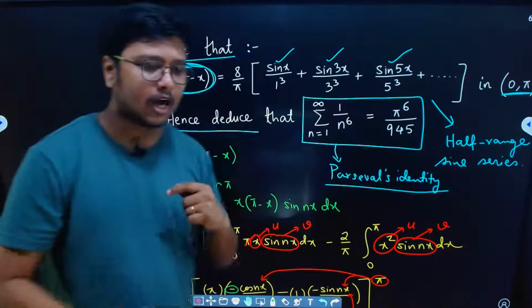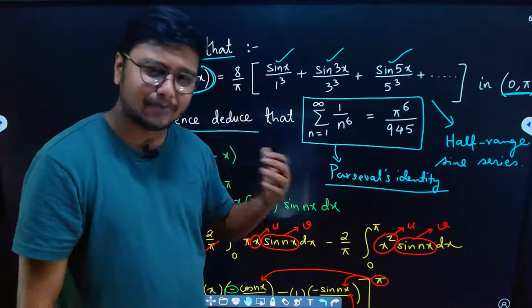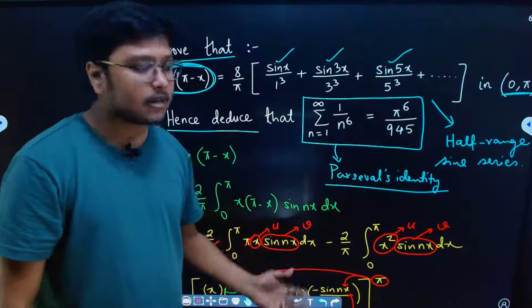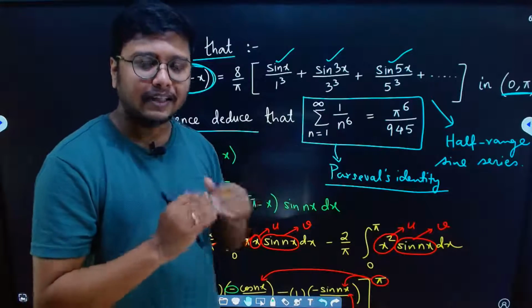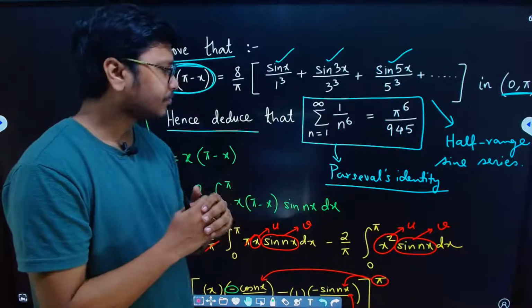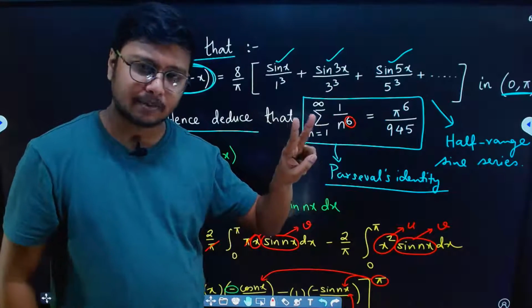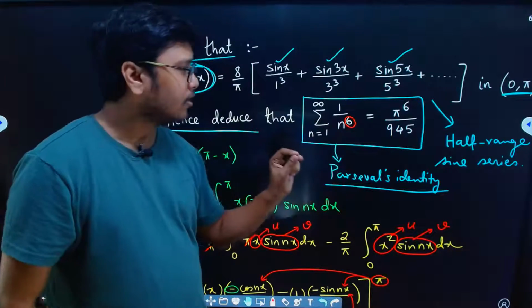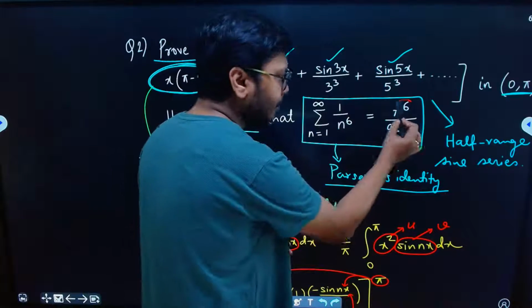So here one more thing, how will you understand that Parseval's identity is to be used? Usually it is mentioned in the question that use Parseval's identity. Sometimes it may not be mentioned. There is one small trick over here. When the n value is more than 2 in this summation portion, or forget about the n value, sometimes the n may not be present, better to look at the pi value.